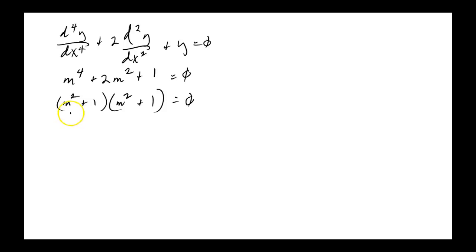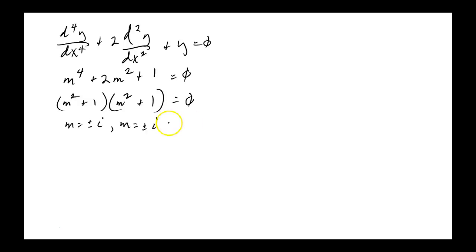Make sure they're not. No, they're not. Okay. Double check. And this will be M equal plus or minus i. And this is M equal plus or minus i. Right? I knew that.